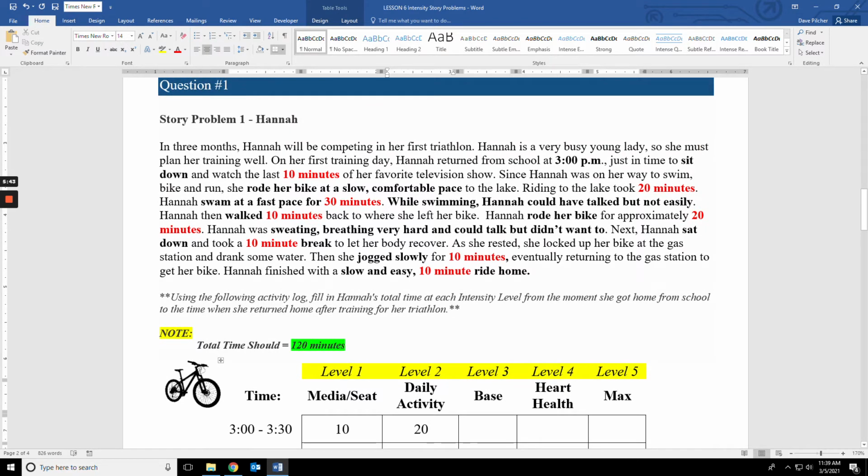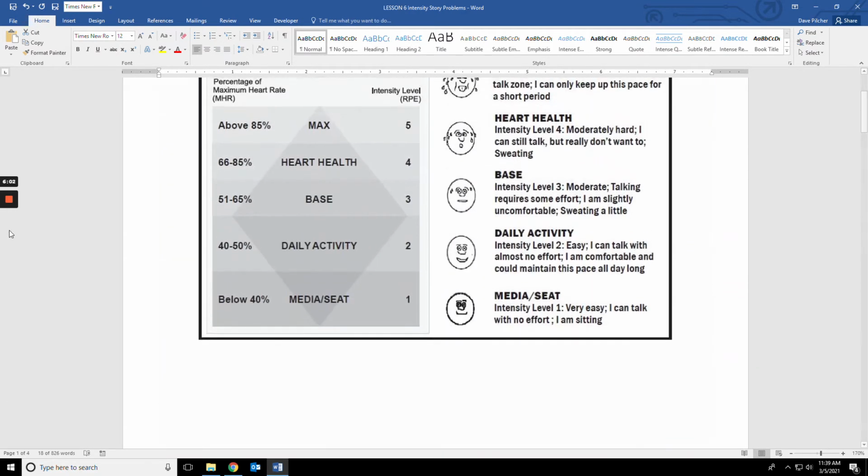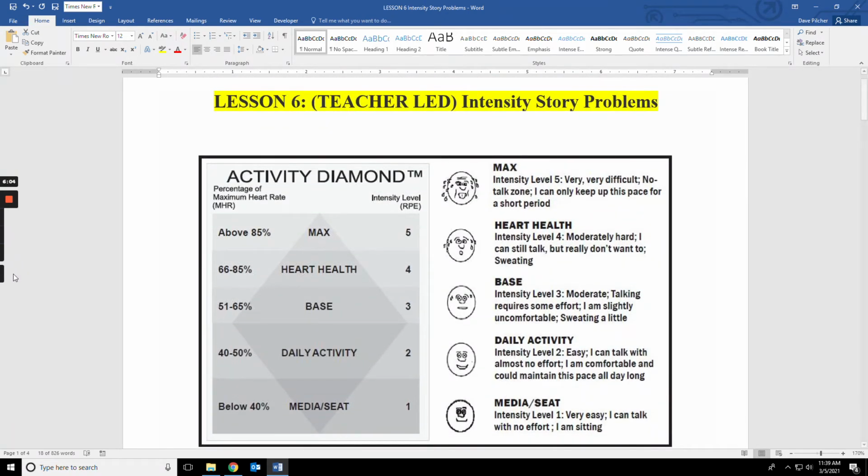Next 2 sentences. Hannah swam at a fast pace for 30 minutes. So she's swimming, we know it's 30 minutes. While swimming, Hannah could have talked, but not easily. So it requires some effort to talk. That's just requiring a little bit of effort. If we go up to the intensity chart, base is intensity level 3.